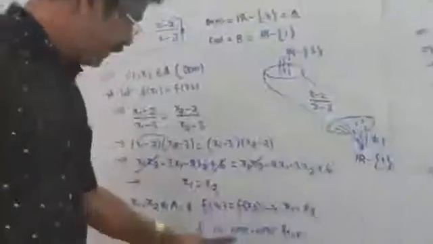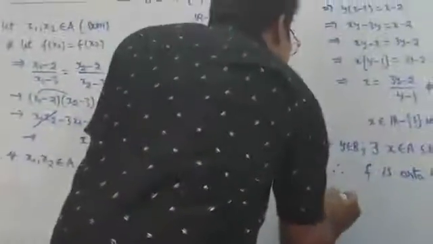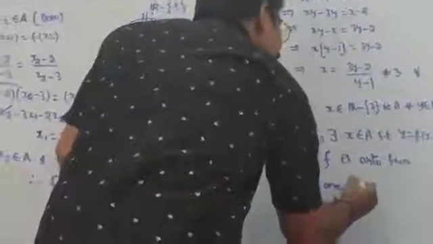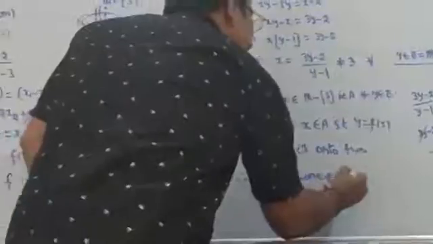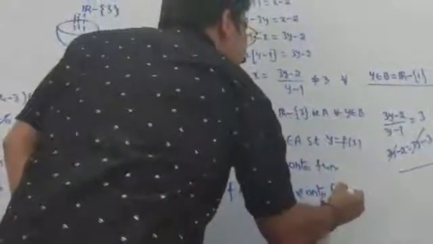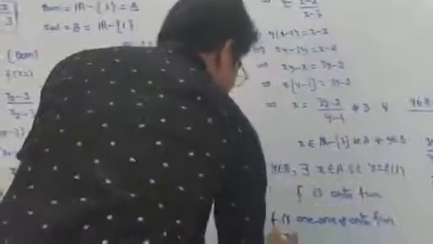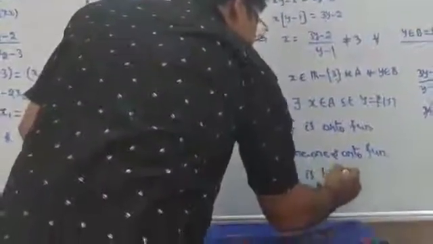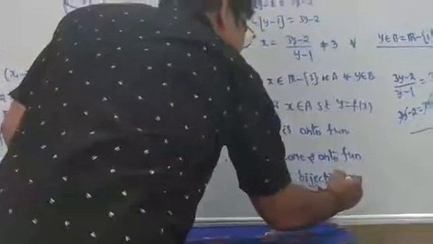Therefore, f is a one-one function and an onto function. That implies f is a bijective function, hence the problem.